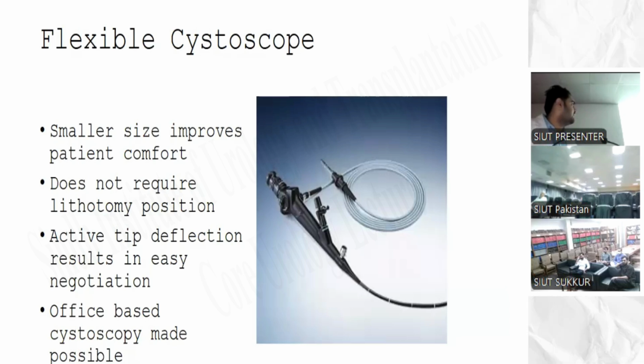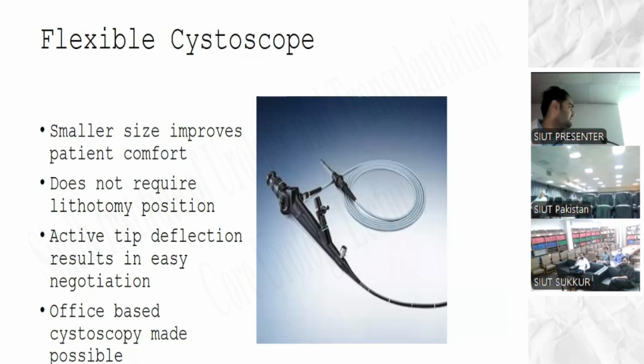Now, as far as the flexible cystoscope is concerned, it has several advantages. Number one, it can be used in an office setting. Number two, it does not require a lithotomy position.